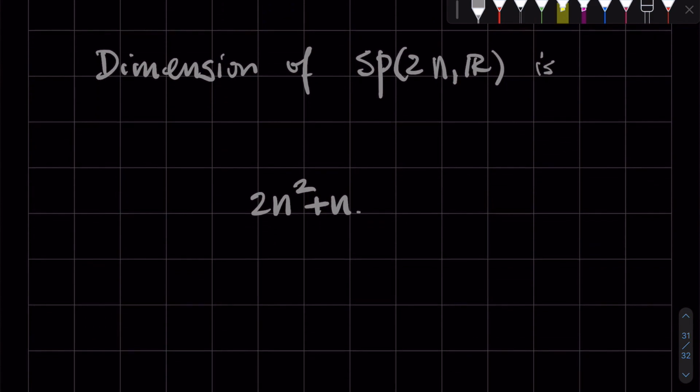Okay, so let's just put n equals 1. Then we have 2 times 1 plus 1, which is 3, which matches with what we just saw. So this is where we end our discussion of the Sp(2n) groups. In the next lecture, we shall look at the Heisenberg group and the Poincare group.